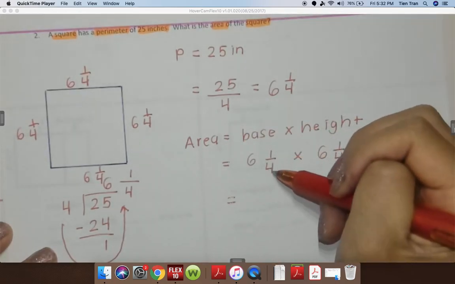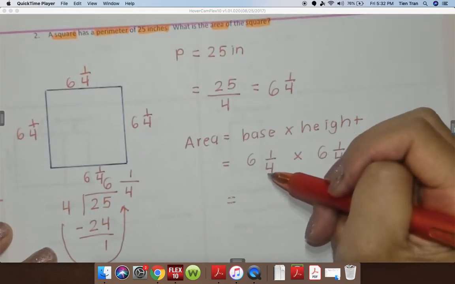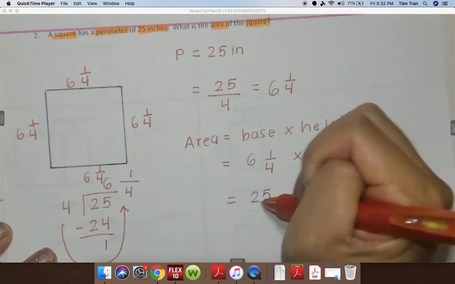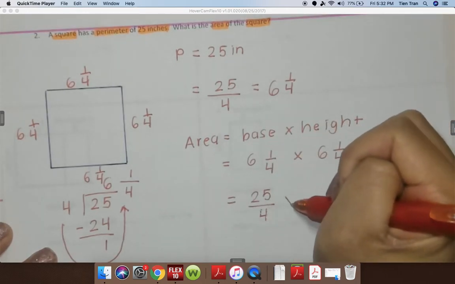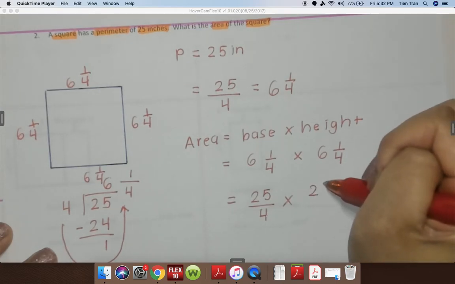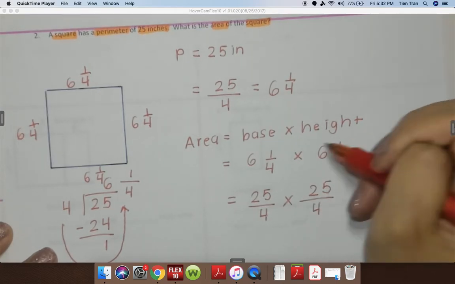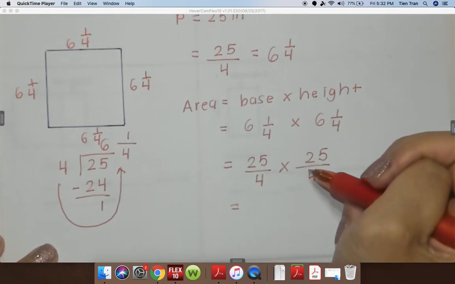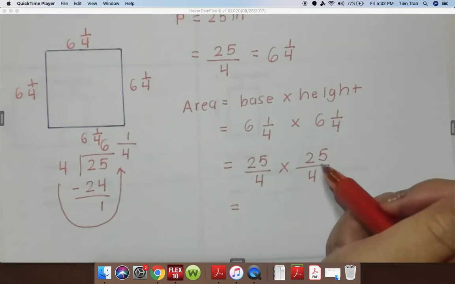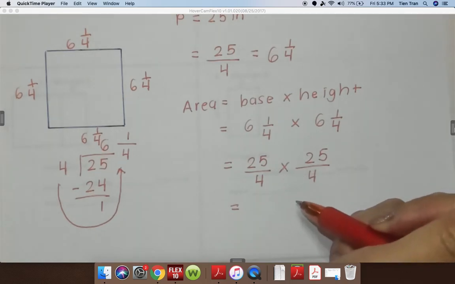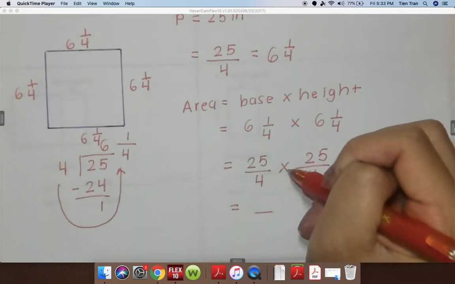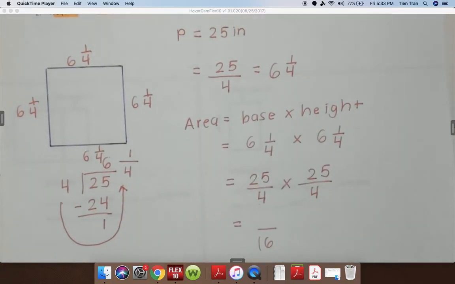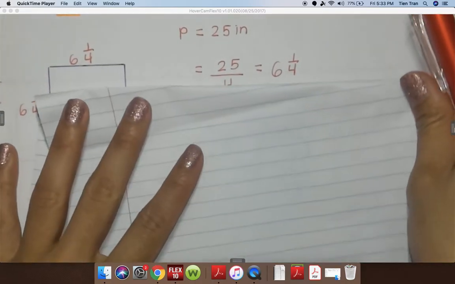For the first one, I know that 6 times 4 is 24. 24 plus 1 is equal to 25. My denominator is 4. Same thing, it's going to be the same on the other side because they are identical, 6 1/4. Now, I'm going to multiply 25 times 25 and then divide by 16 because 4 times 4 is 16. I'm going to show you how you multiply 25 times 25 on this piece of paper.